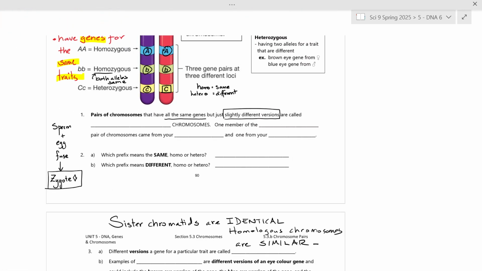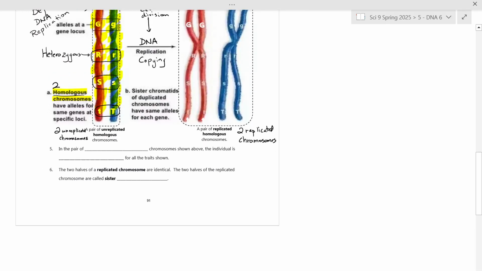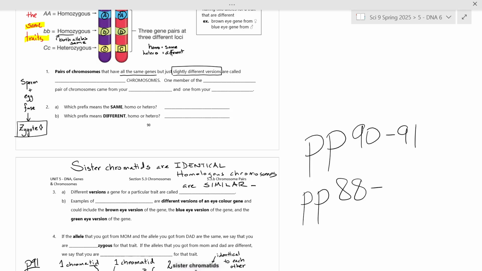At any rate, what I'm going to have you do is go through pages 90 and 91, and also pages 88 up to, and I don't actually have a copy of the book, so I'm going to take a quick look here. Sorry, I'm going to borrow your book for just a second. 88 to 89.